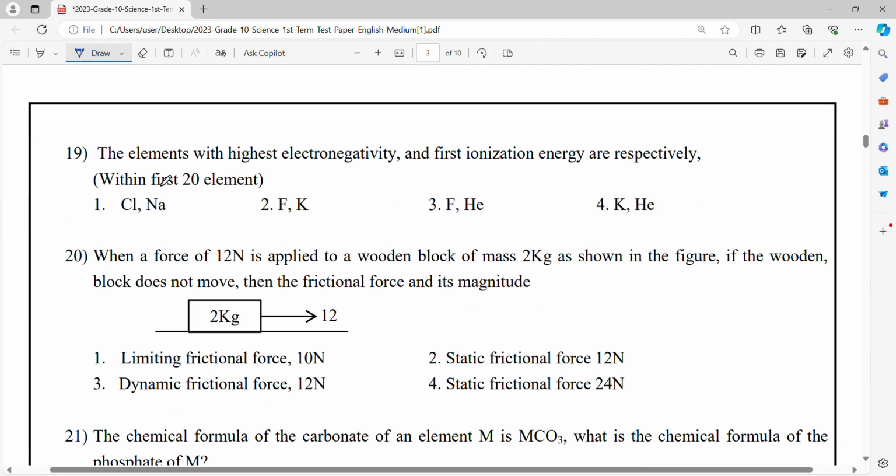Here, the element in question number 19: the element with the highest first ionization energy.